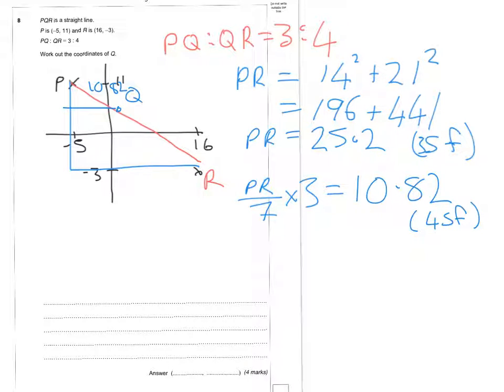Alright, let's work out the length of RQ, so we've got PR over 7 times 4, which is 14.42.